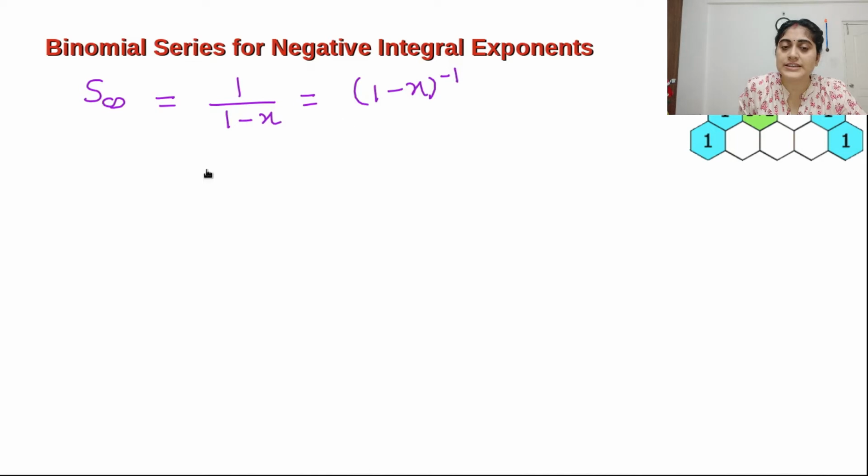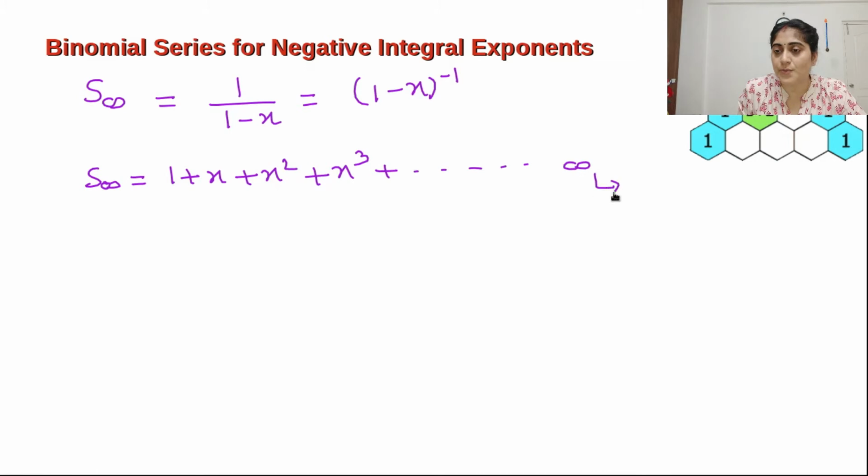So what was the series for that? The series was 1 plus x plus x square plus x cube. Whatever I was writing for Sn, now I will write for S infinity. The same series goes up to infinity. That's why it's called a geometric series.